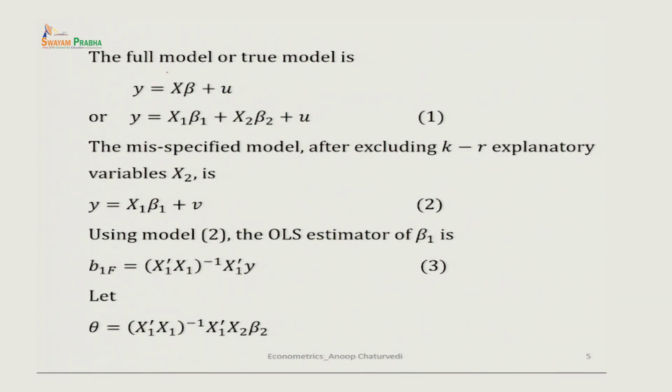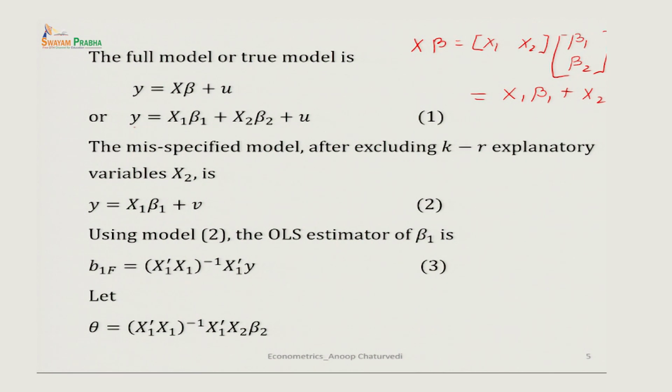Now, the full model or true model is y equal to X beta plus u, and then in terms of X 1, X 2, beta 1, beta 2, you can write X beta equal to X 1, X 2 times beta 1, beta 2. So, this is equal to X 1 beta 1 plus X 2 beta 2.